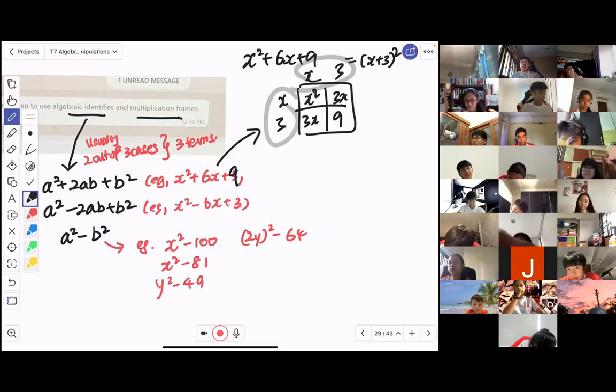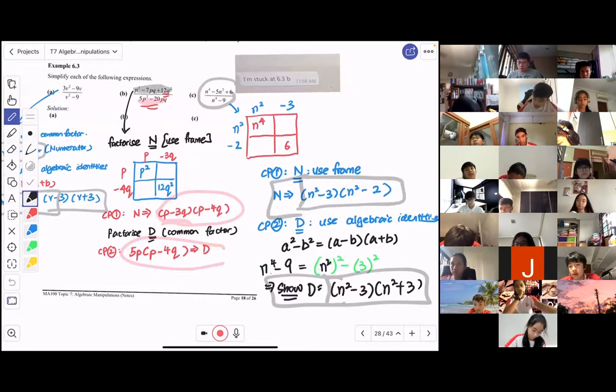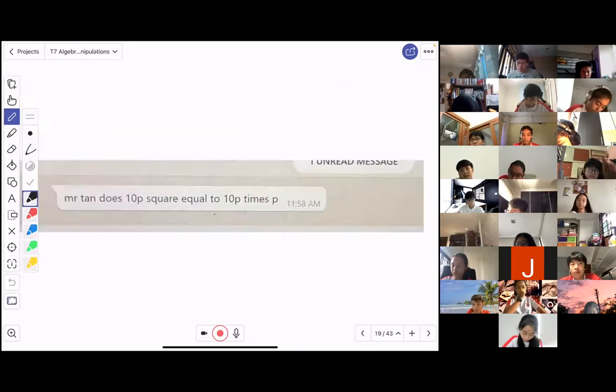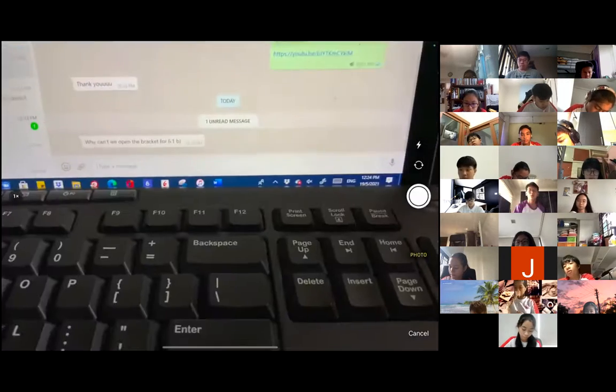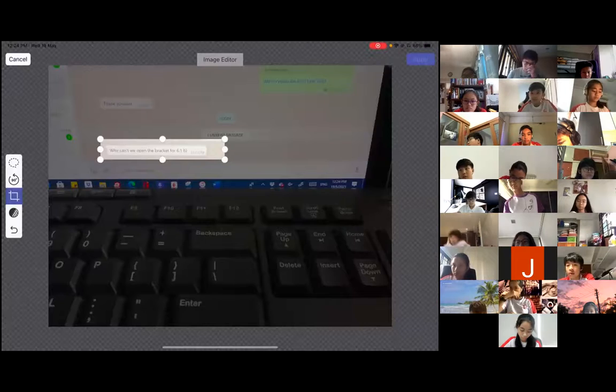One more question from a student asks, why can't we open the bracket for 6.1b? Is there a bracket to open? Let me ask the student. Like the bracket x minus y, that one can open the bracket.